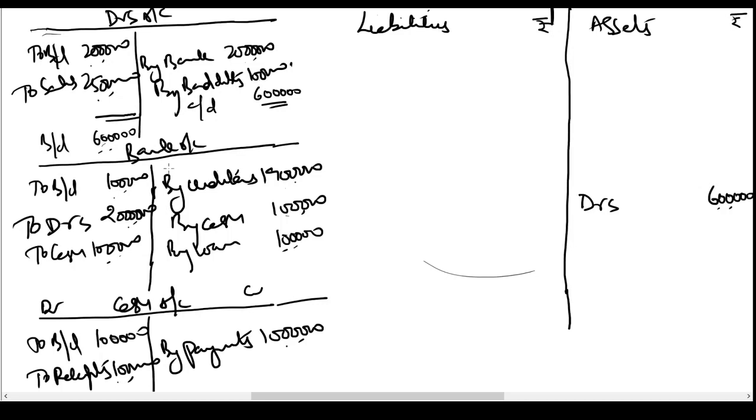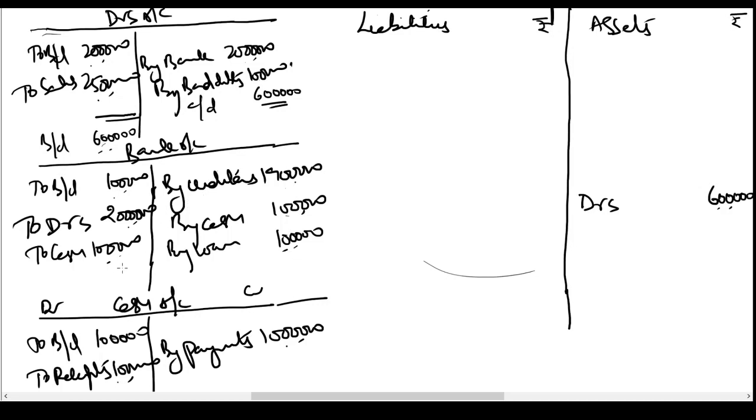Now, there is one more account here, bank account. The account does not seem to be balanced. Debit balance of 1 lakh starting, 20 lakhs collected from customers, another cash receipt of 1 lakh, total 22 lakh. There have been withdrawals of 21 lakh. So there is a balance left of 1 lakh rupees.